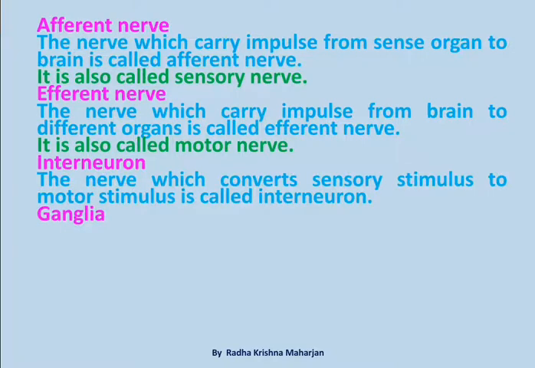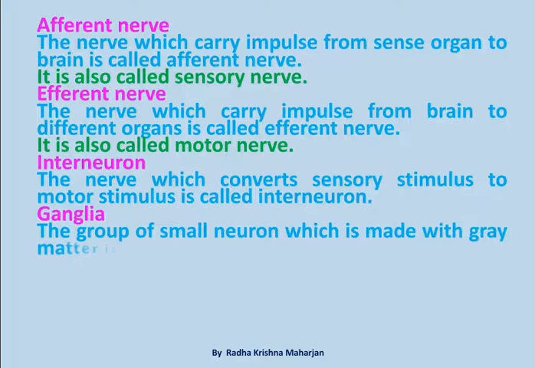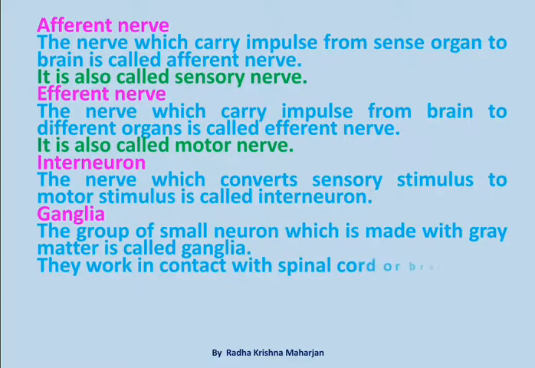Ganglia. The group of small neurons which is made with gray matter is called ganglia. They work in contact with spinal cord or brain. Reflex action.